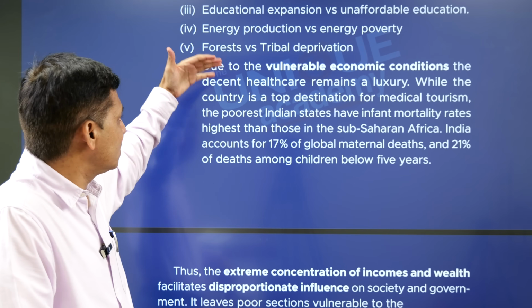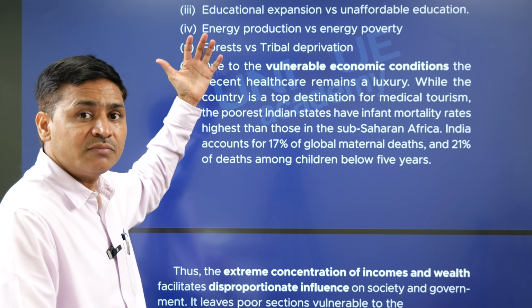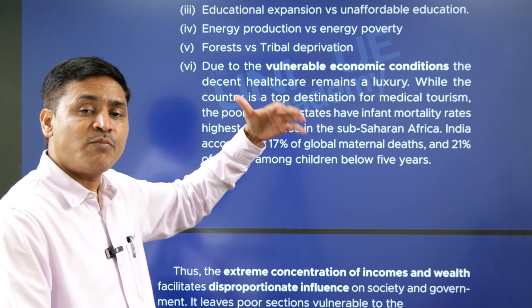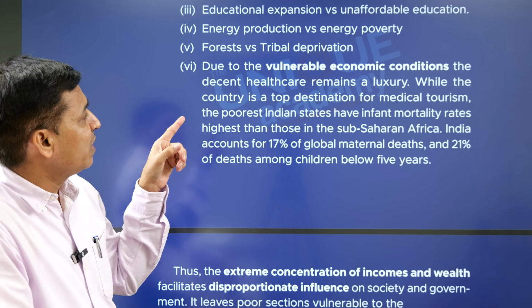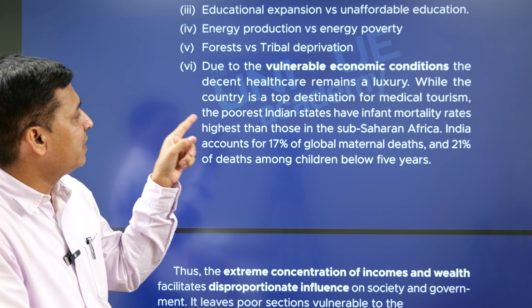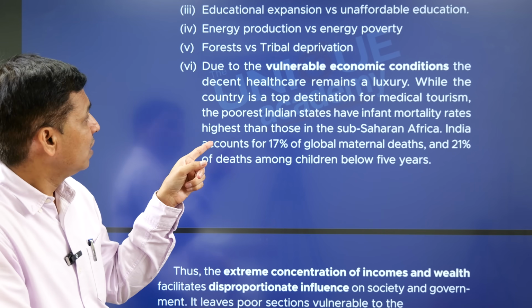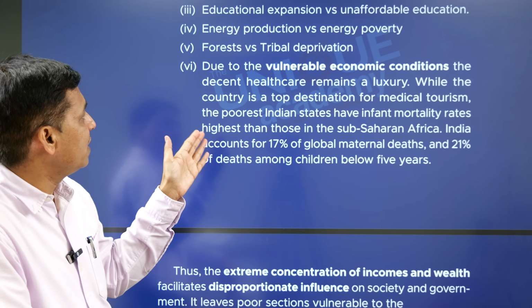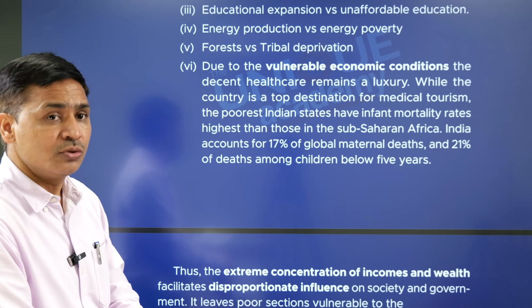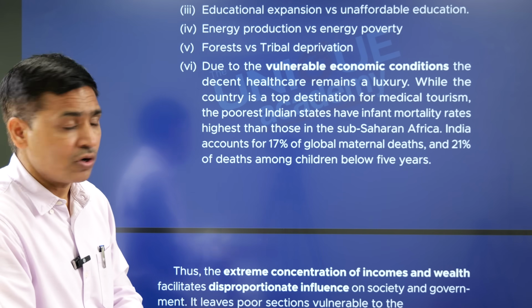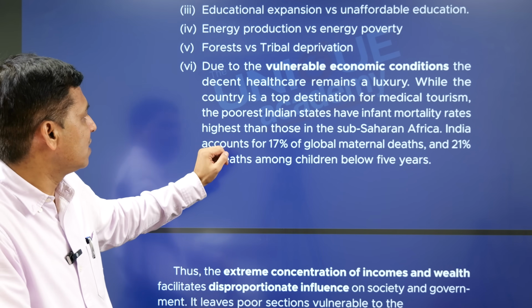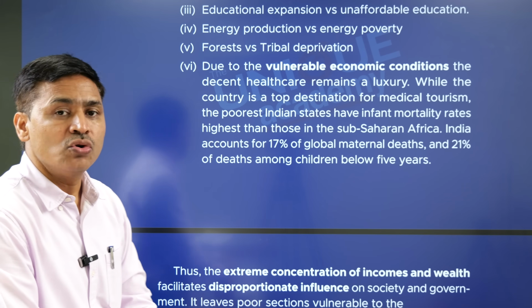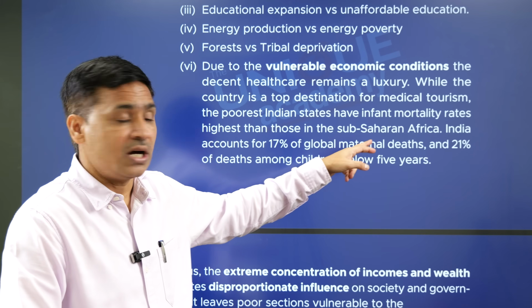Now, this is the main part of the argument after pointing out the paradoxes. Due to vulnerable economic conditions, decent healthcare remains a luxury, while the country is a top destination for medical tourism. Yes, we know for sure. The poorest Indian states have infant mortality rates higher than those in sub-Saharan Africa.